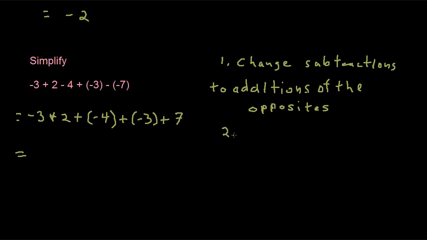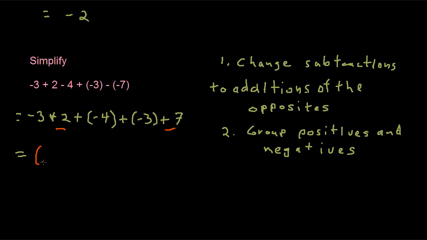The next step is to group the positives and the negatives. Looking back at our problem, it's all addition, but we have positive numbers and negative numbers, and we would like to group them. The positive numbers are a 2 and a 7, so let's group those together: 2 plus 7.